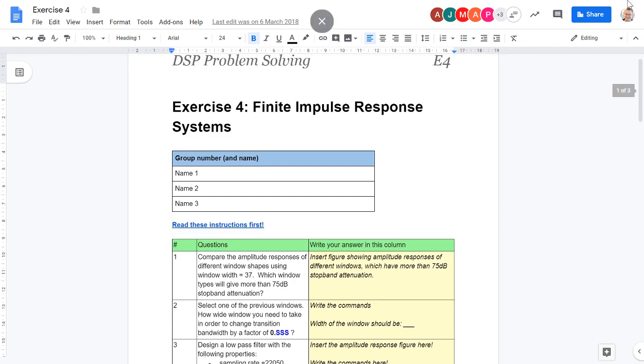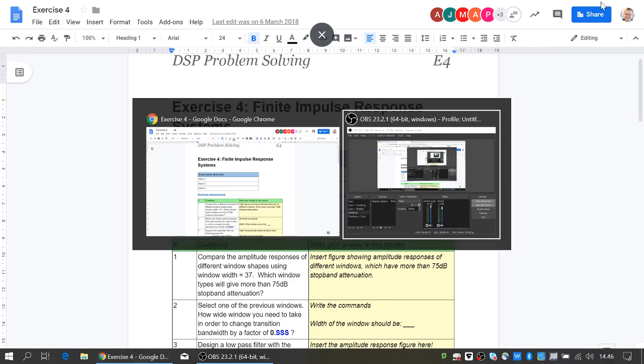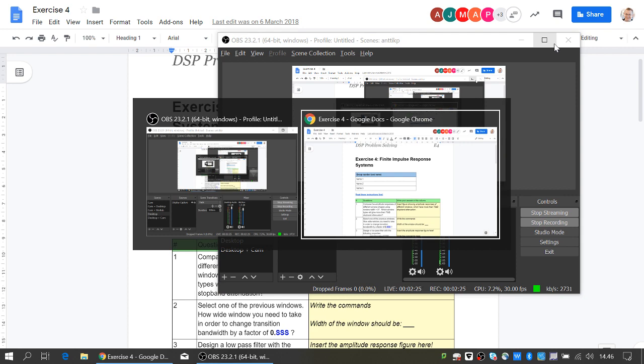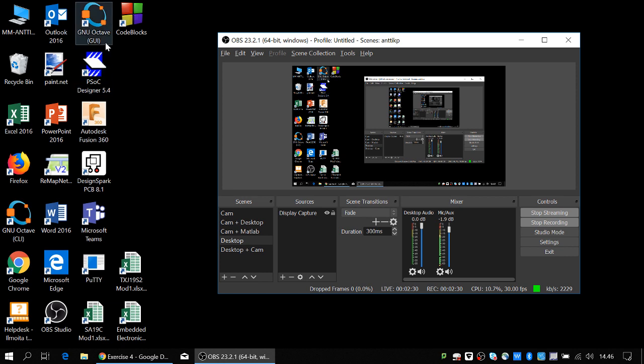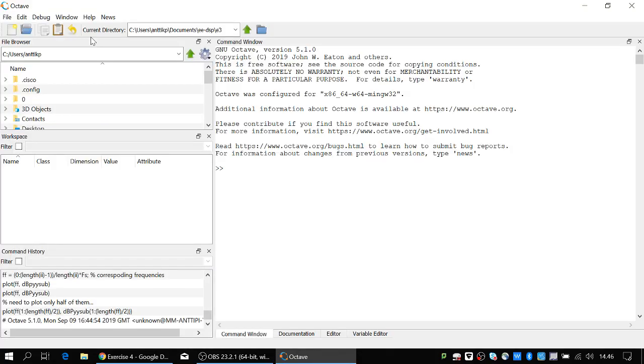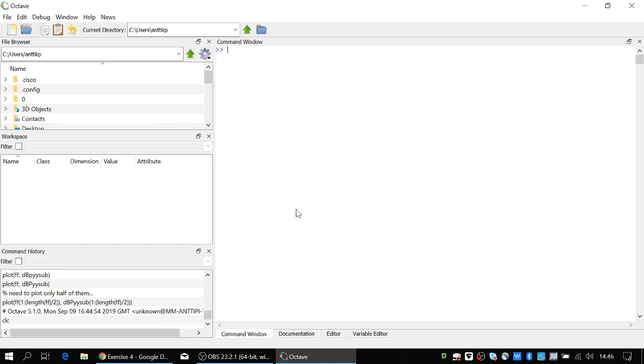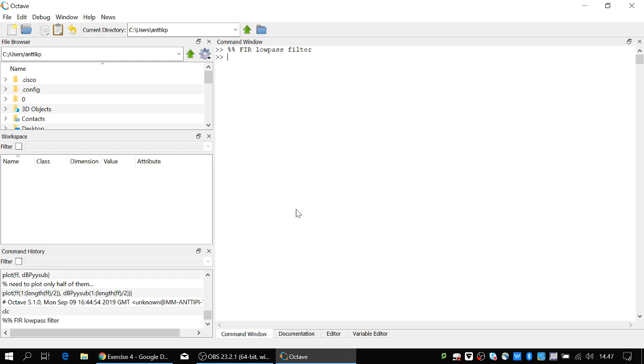So, finite impulse response system. Let me go and start my Octave graphical user interface there. There we go. So, how to design a low pass filter? An FIR low pass filter. Okay.